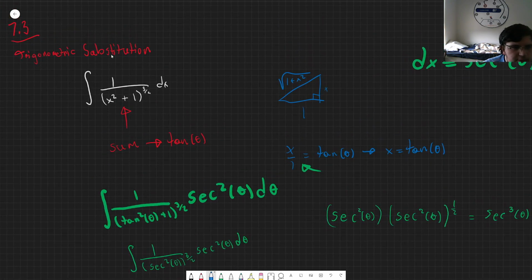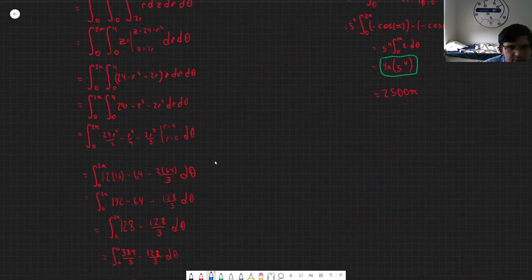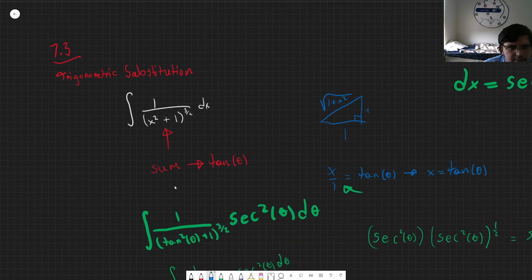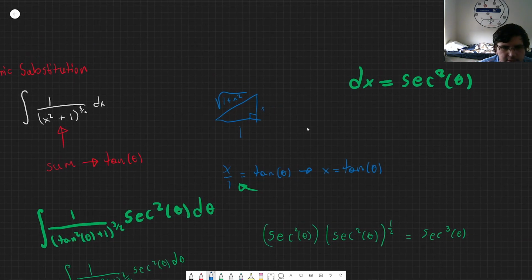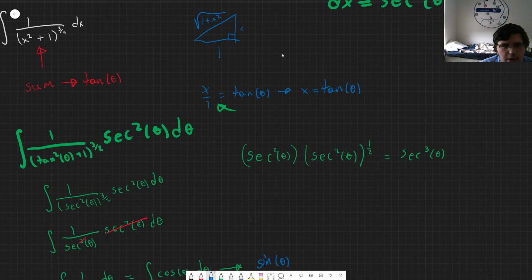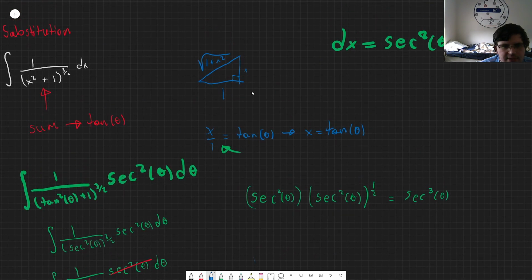We have our original function in terms of x, so we want the answer in terms of x. So we're going to work with this a little bit. So sine is y over r. So we're going to have x over the square root of 1 plus x squared.